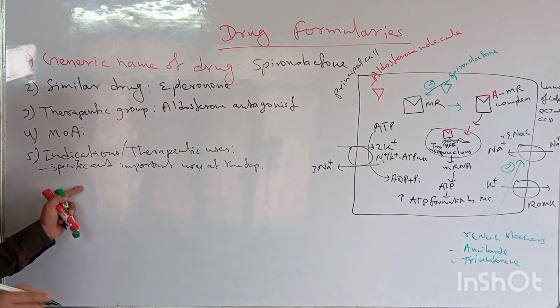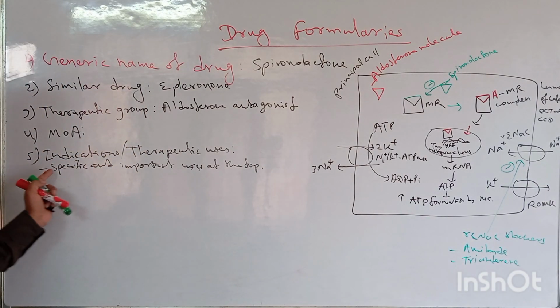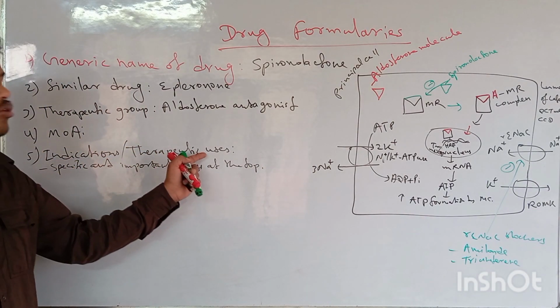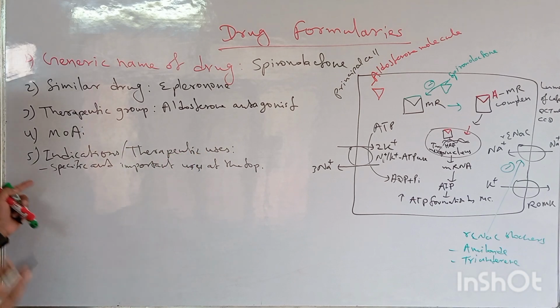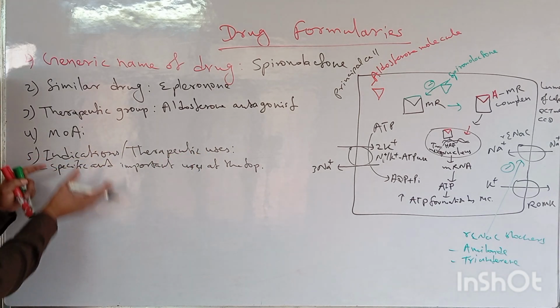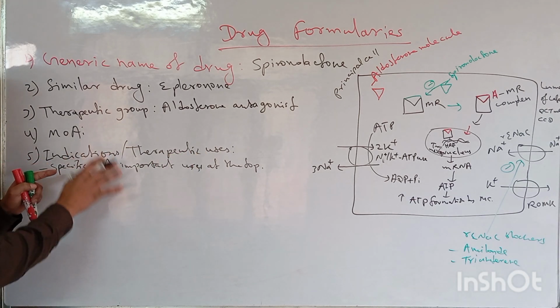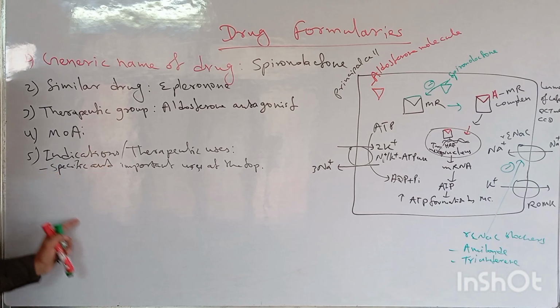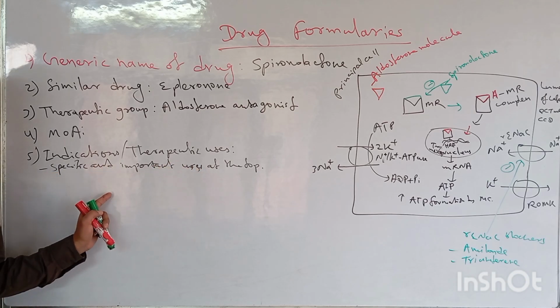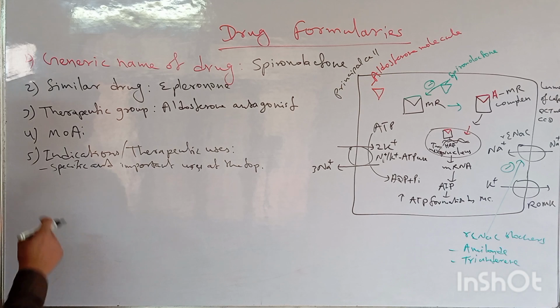That is, in chronological order you should write this therapeutic usage. Whatever is most specific and important use, write first, then less, then less, then less. So write in chronological order.